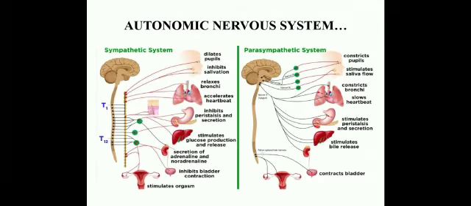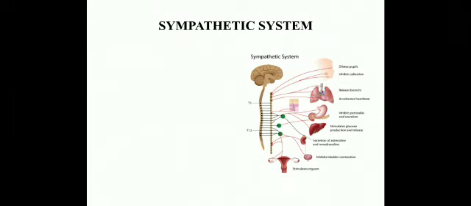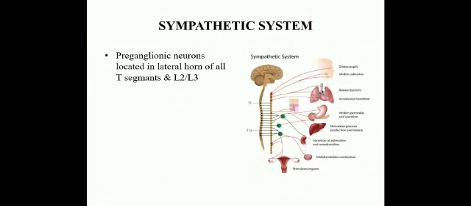So, here we can see the actions of the sympathetic and parasympathetic system. In the sympathetic system, the preganglionic neurons are located in the lateral horn of all the T segments and the L2 and L3 segments. So, it is also known as thoracolumbar outflow.